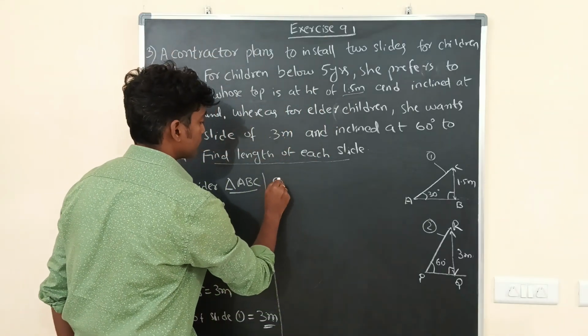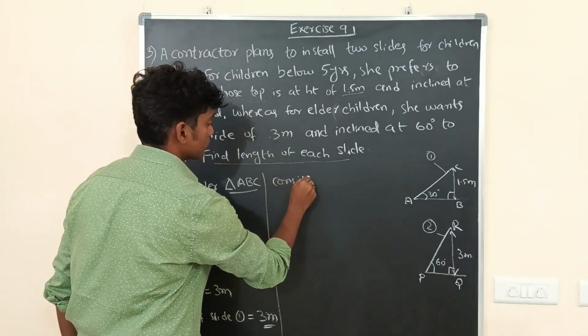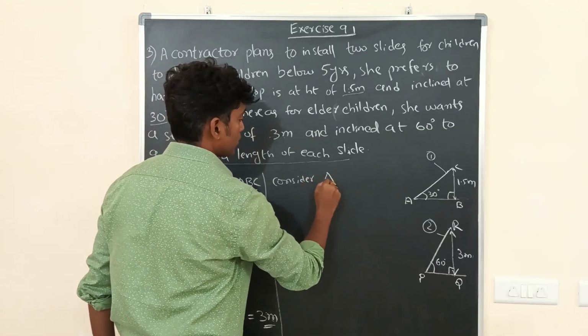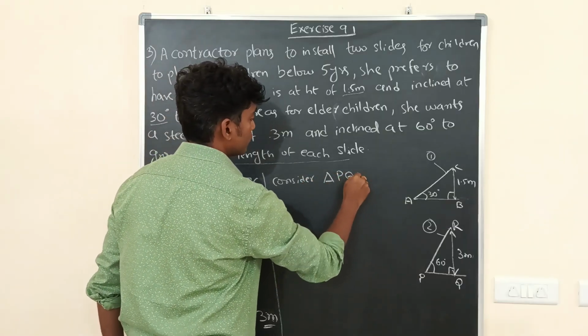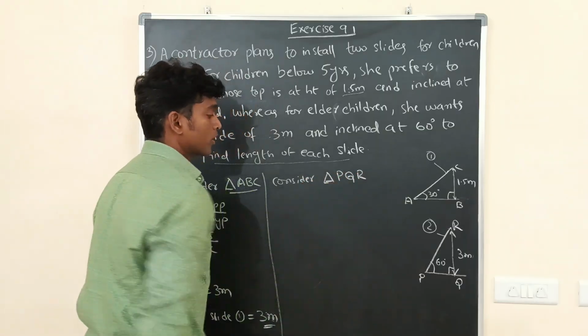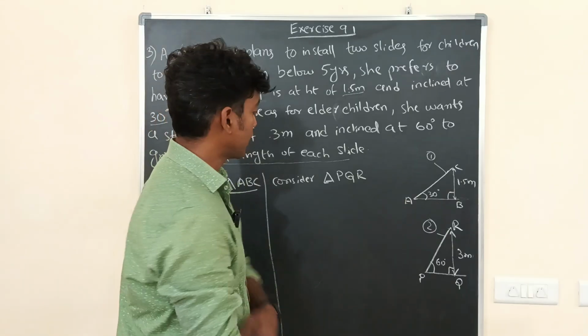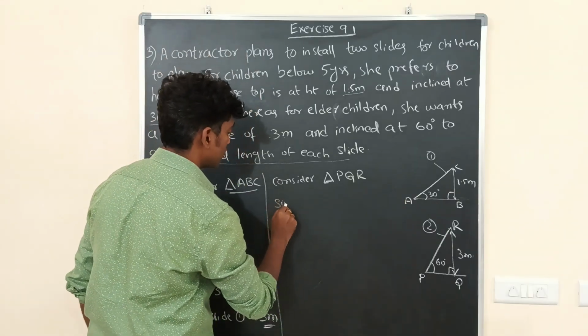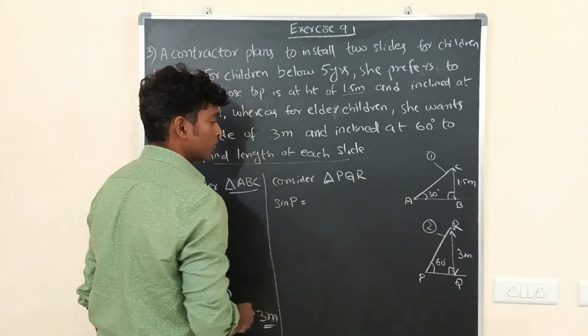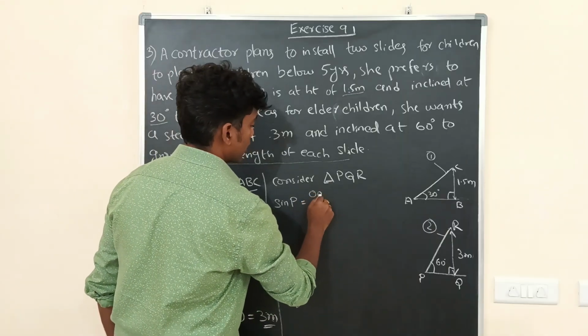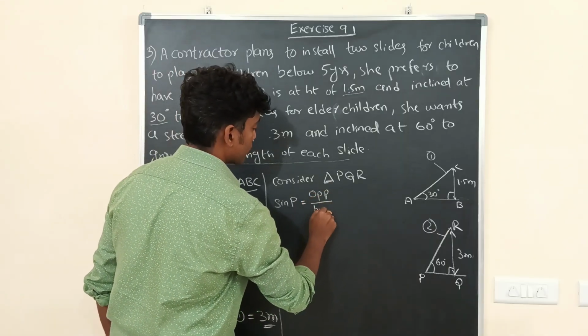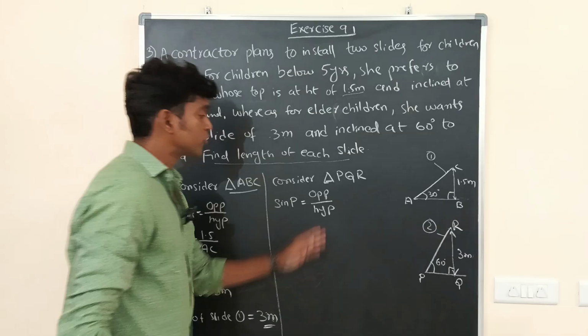So consider triangle PQR. In this triangle, sin P is equal to opposite side by hypotenuse. I am writing shortcuts.